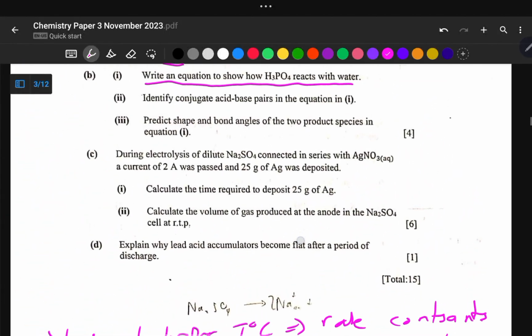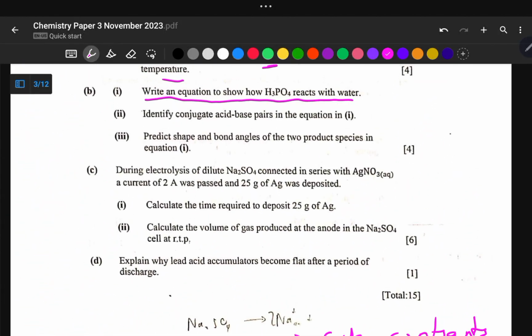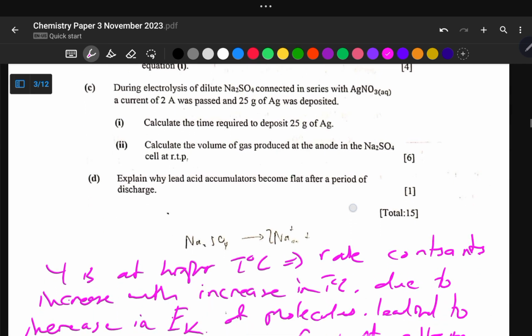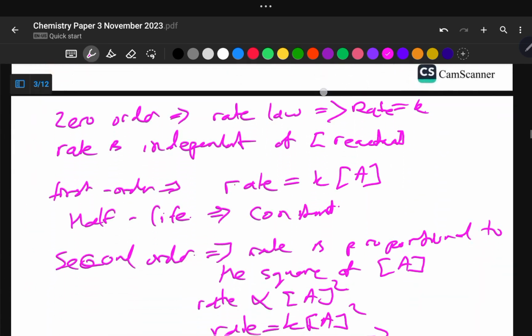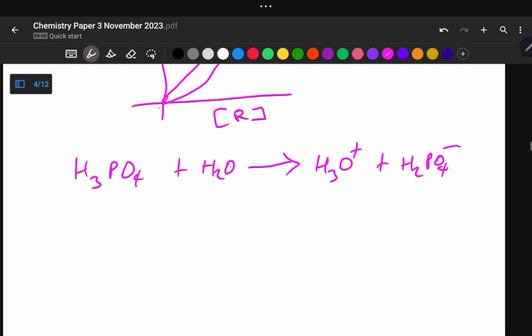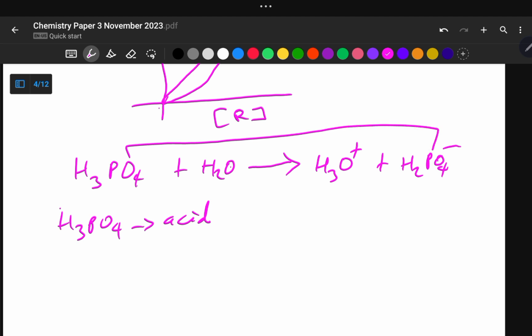So this one is a strong acid, fully ionized in water, and then identify the conjugate acid base pairs in the solution. So the conjugate acid base pairs in the equation: we have phosphoric acid as the acid, and then H2PO4 minus is the conjugate base, right?